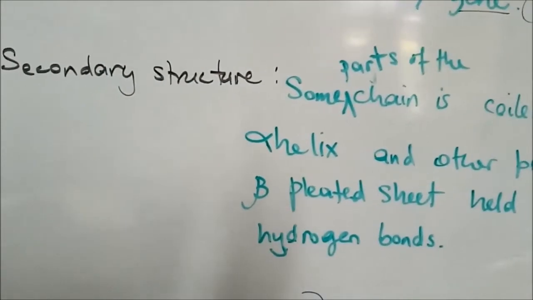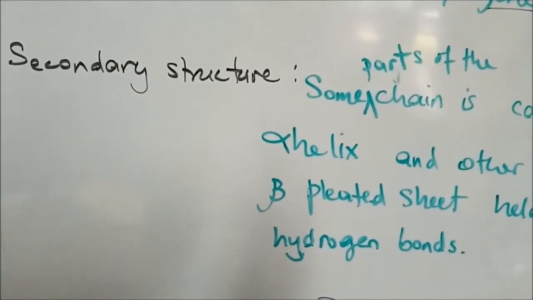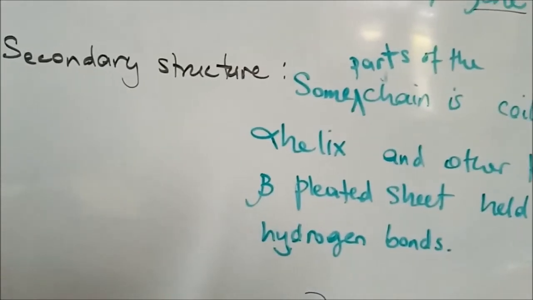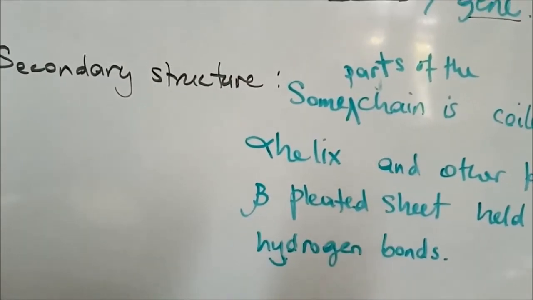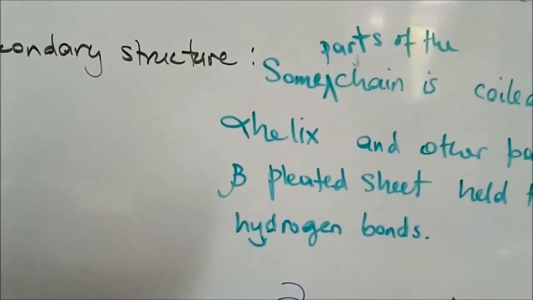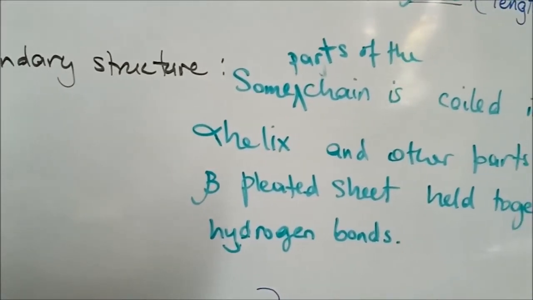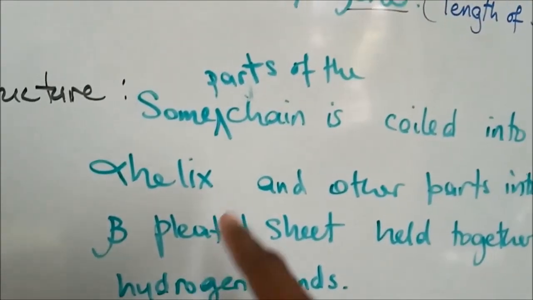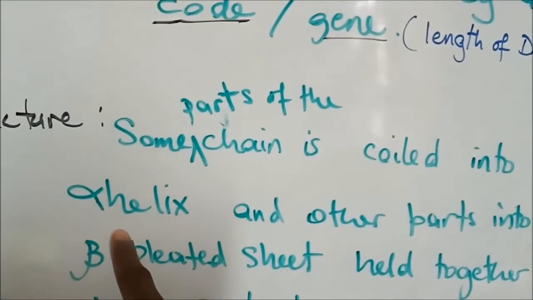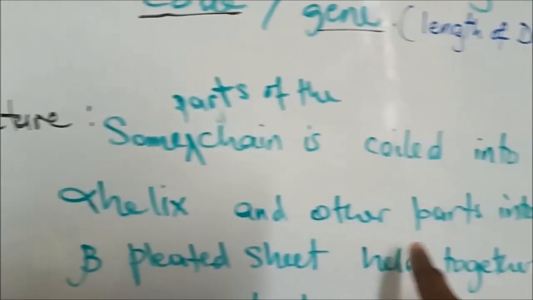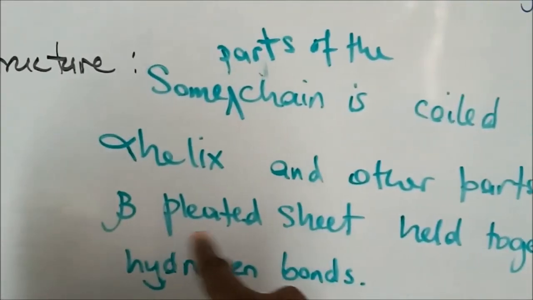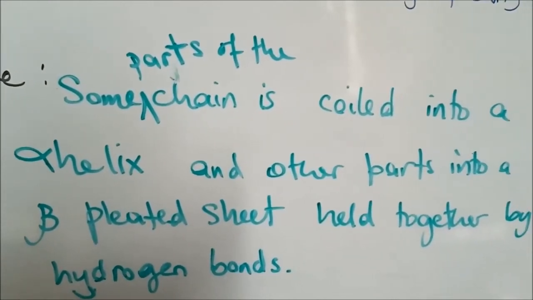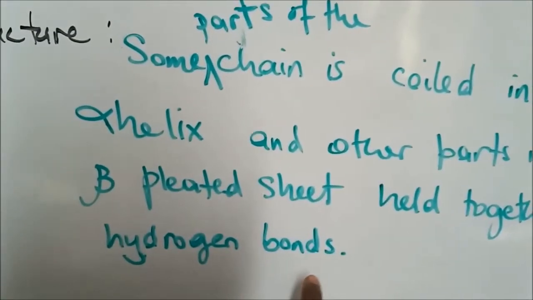Okay, now when it comes to the secondary structure, secondary structure is just referencing the fact that the primary structure doesn't remain linear in nature. It will actually start to coil into different shapes. So some part of the chain will coil into an alpha helix and other parts may coil into a beta pleated sheet, and the coil and the pleated sheet are held together by hydrogen bonds.